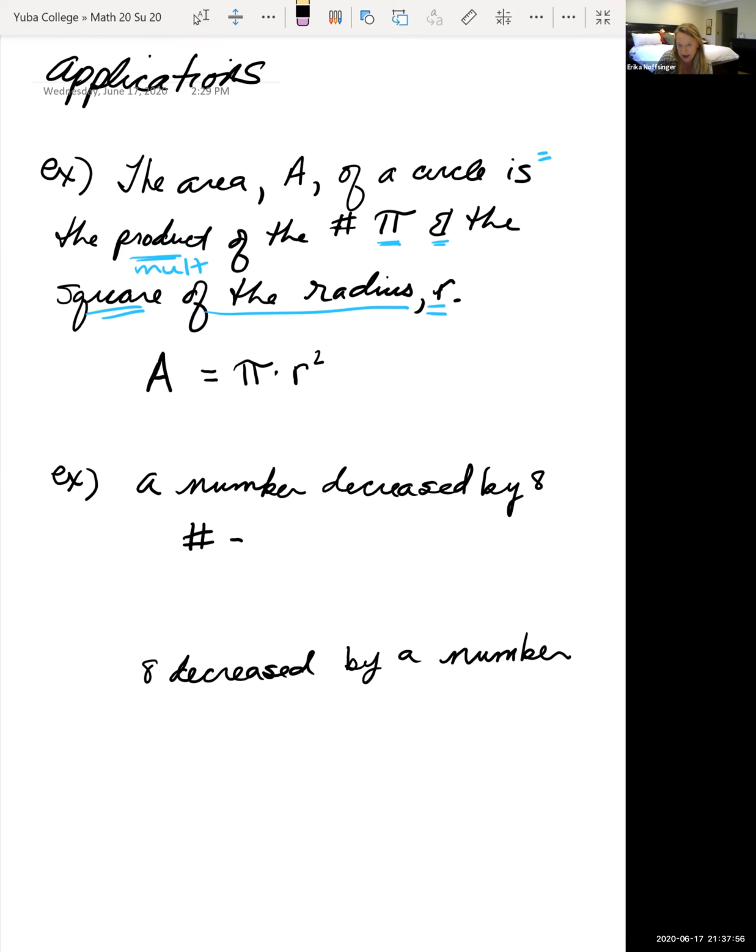You're taking away 8 of it, minus 8. And so maybe I shouldn't write that as a number like that. A lot of times we'll define our variable, let x equal the number. So x minus 8. Where 8 is decreased by a number, you're taking away from 8 that number, x. So 8 minus x.